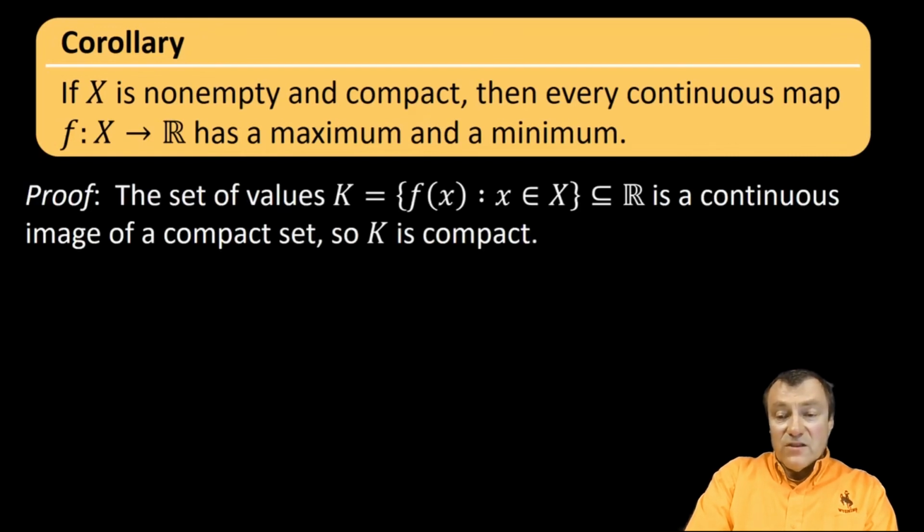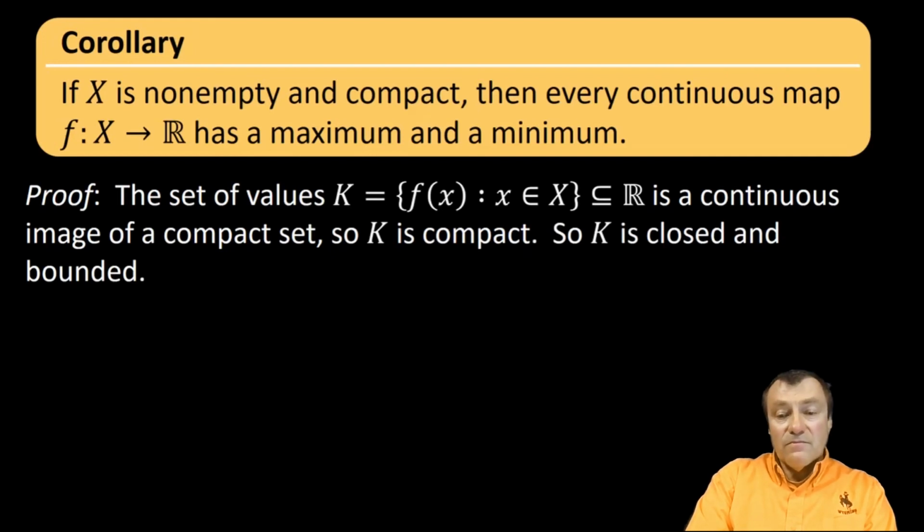Let's see how this follows from the previous theorem. Let K be the set of values of the function f. Now K is a continuous image of a compact set. So K itself is compact. That means K is closed and bounded.